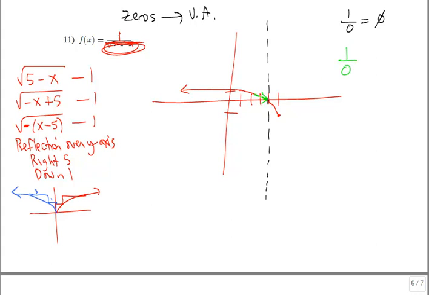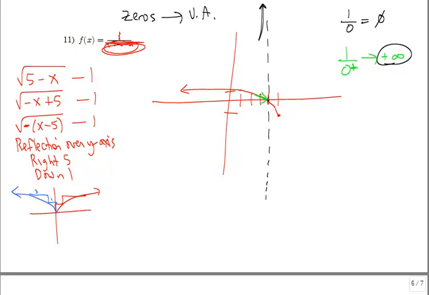Are they getting closer and closer to 0 from above the x-axis, in other words positives, or from below the x-axis, in other words negatives? These are all above, so they're going through positives. 1 over something very small gets very big, and since these were through positives, this has to go to positive infinity. And what that means is that on the left side of my vertical asymptote, I have to be shooting up towards that positive infinity. So this tells me which way to go: up.